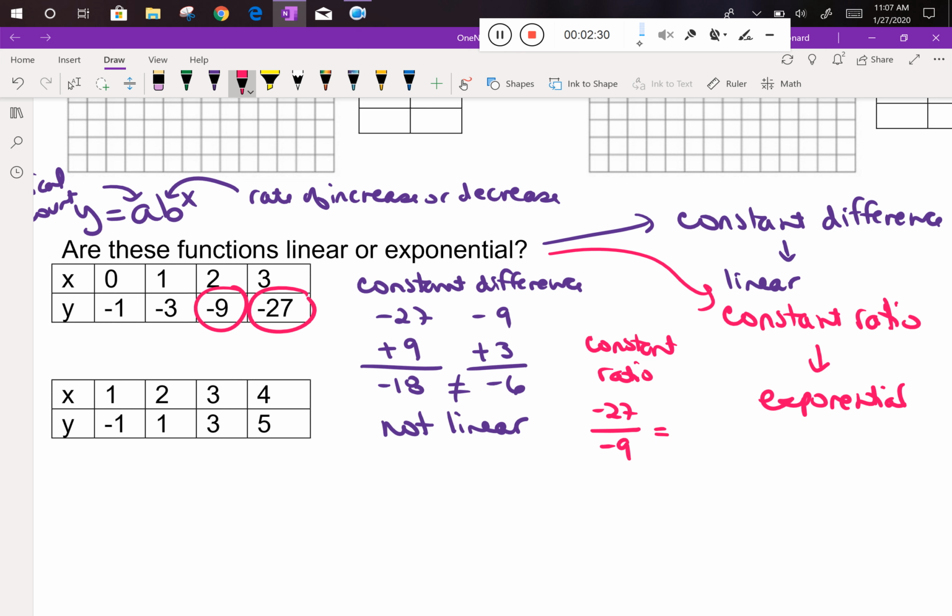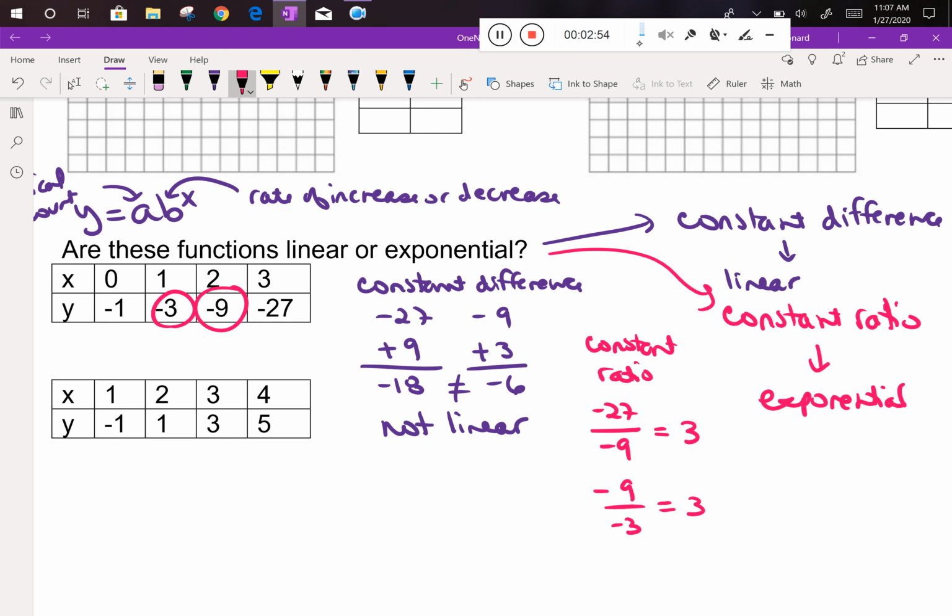So I say negative 27 divided by negative 9, and I say, okay, that equals 3. Well, I don't know if this is constant or not until I check the next pair. So I drop the negative 27, I take the negative 3, and I say, okay, negative 9 divided by negative 3 is, hey, that's the same as before. It looks like this is going to be a constant ratio.